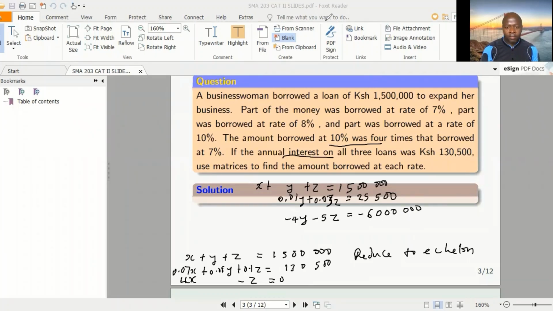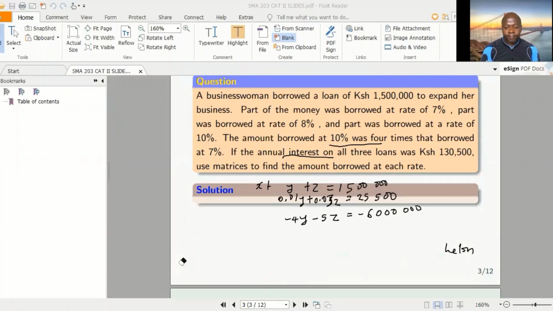Now, let me create some space here so that we finish our working. What I now want is to use this to create a 0 here. In fact, you may begin by making this one 1, and the way to make it 1 is to multiply by 100. But that's not what I want to do. What I want to do is to get a 4 here.